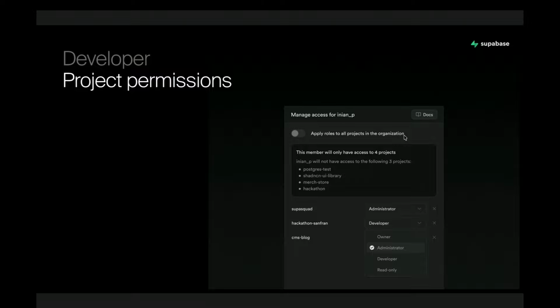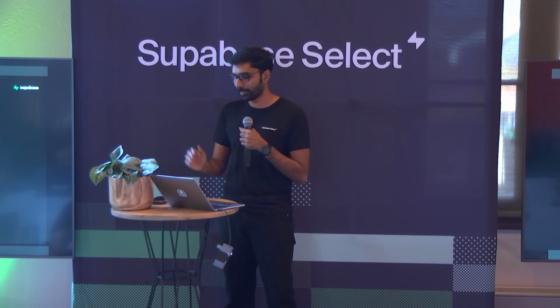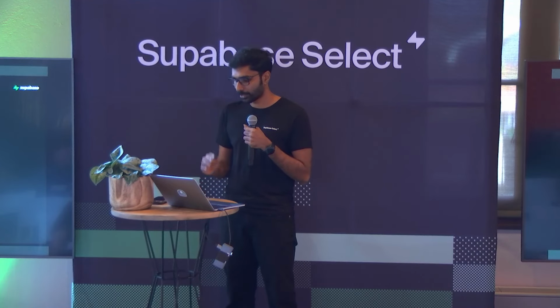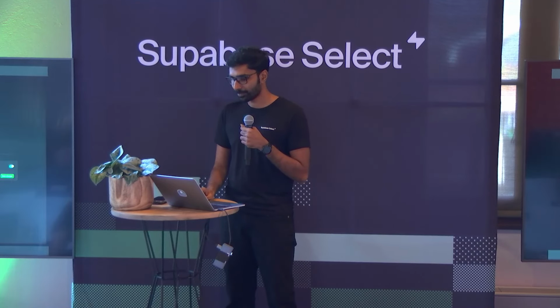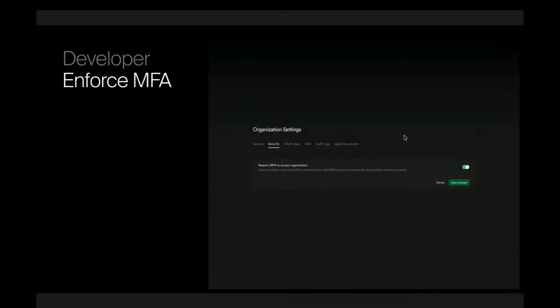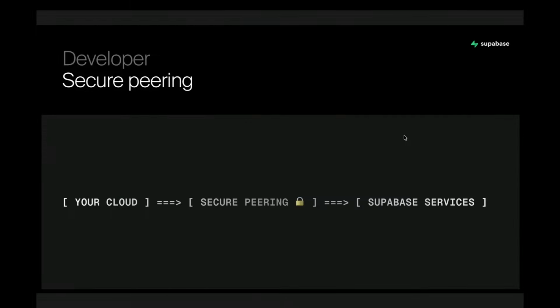So if you have a production project and a prototyping project, a developer had the same permissions for both. But with this feature on the Teams plan, you can assign certain roles to certain developers for certain projects, and that makes it easier to have a stronger security posture. You can also enforce MFA across all the members of your org.